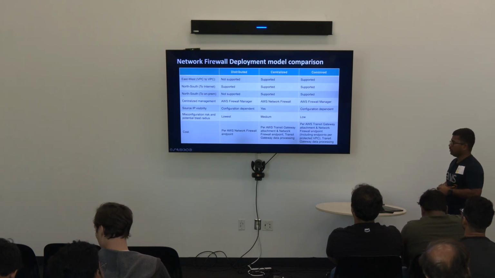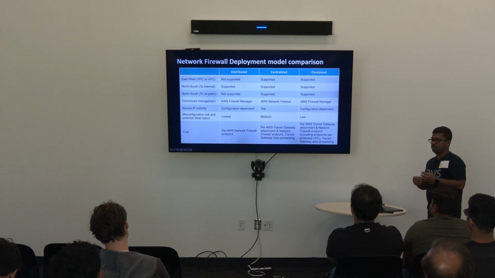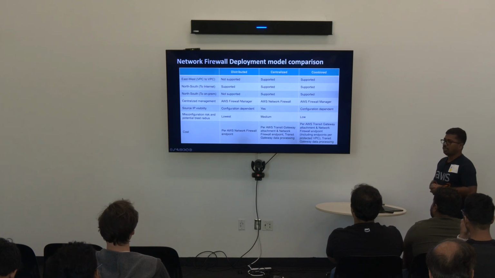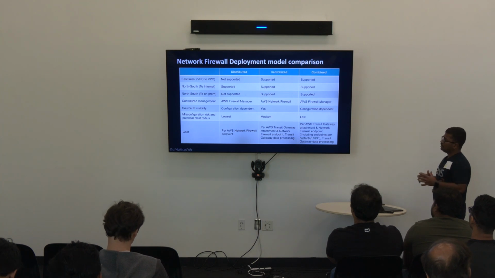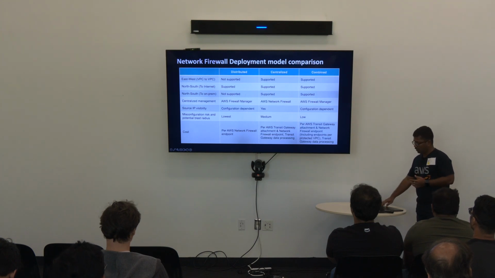For the combined, same thing, including the endpoints per protected VPC. In the combined environment, you have one centralized and multiple distributed, so you need to pay per interface endpoint across the distributed deployment. So the cheapest option is distributed. It's up to you. Based on your requirement, you can move with any of the deployment models.